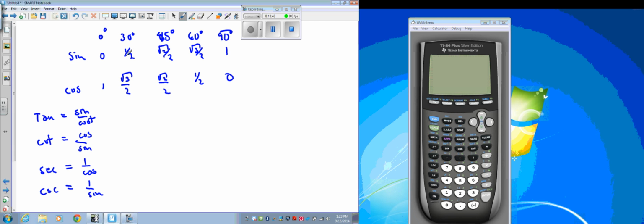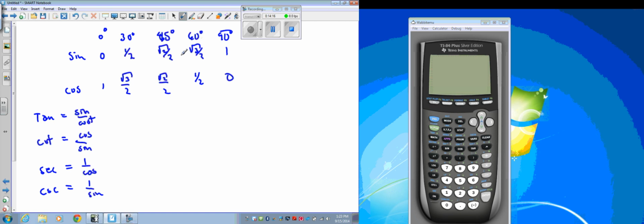If I have the sine of 30 degrees, then 90 minus 30 is what? 60, isn't it? And you see it's the same thing as the cosine of 90 minus 30. That's what cofunctions are of each other. So if you have the cosine of 30 degrees, well then it's the same as the sine of what? 60. 90 minus 30.